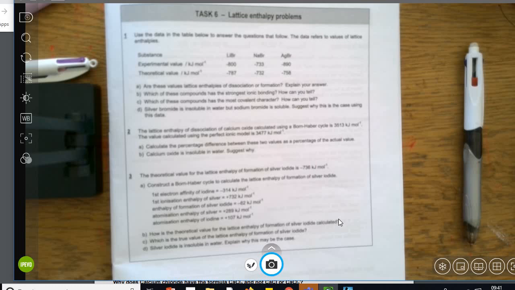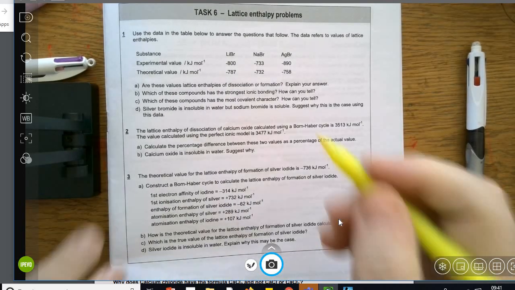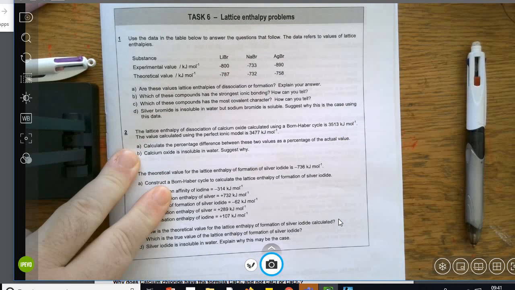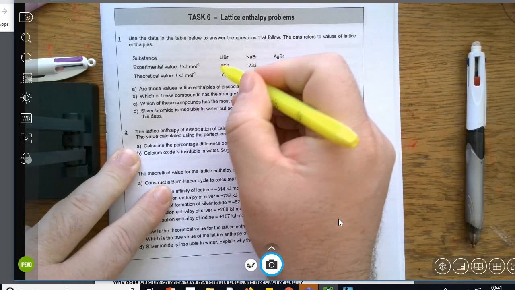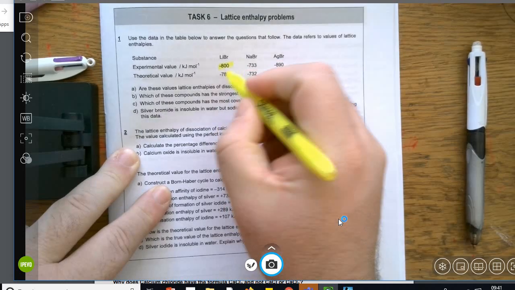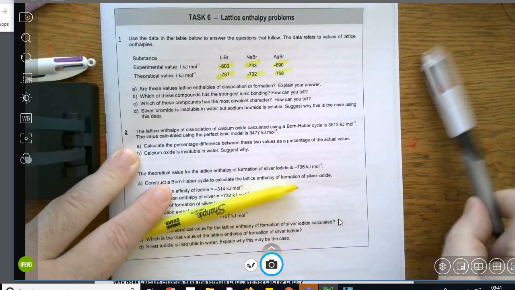Turning over the page, I wanted you to have a go at questions on this. When I'm going through this, one of the key things I want you to do is think about highlighting the information. As I'm going through this, I am straight away seeing that all of these values are negative.